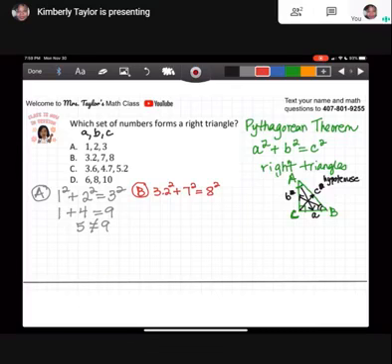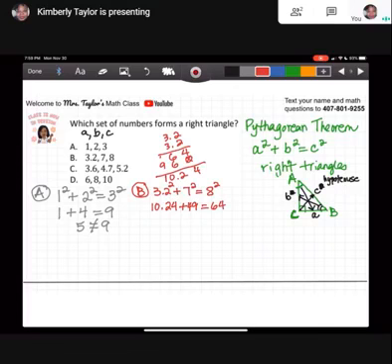So 3.2 squared is, let's just do the math. 3.2 squared is 10.24, plus 49 is equal to 64.